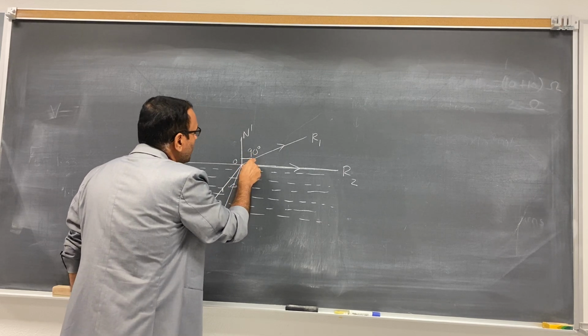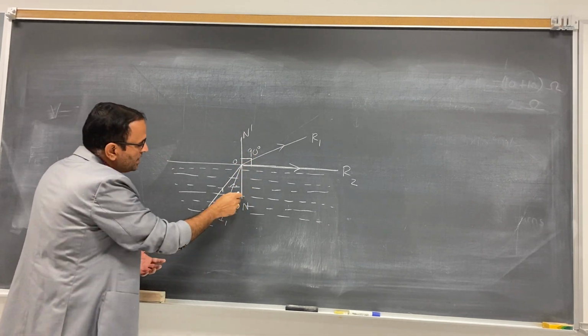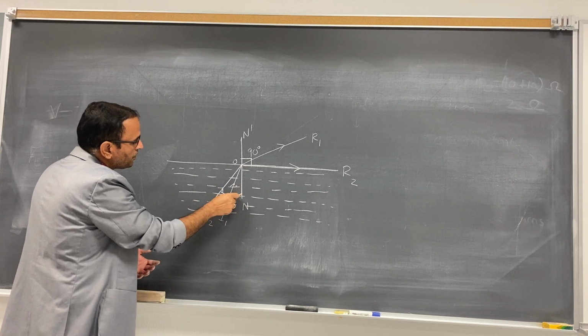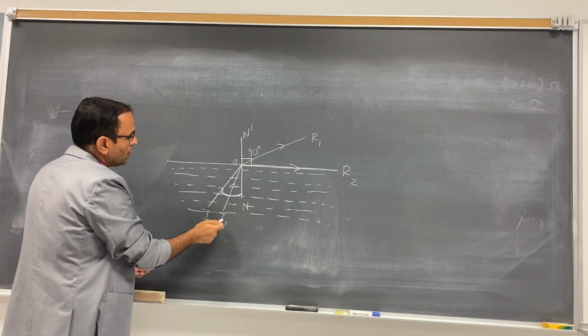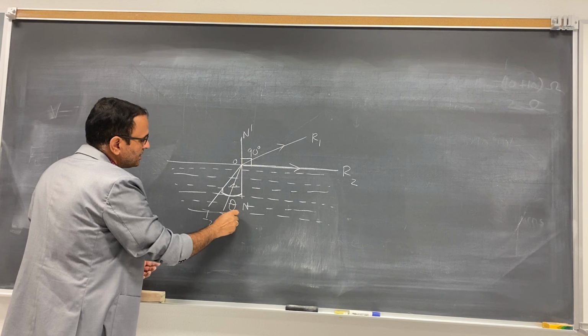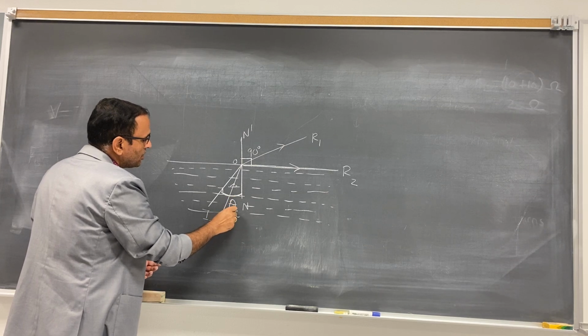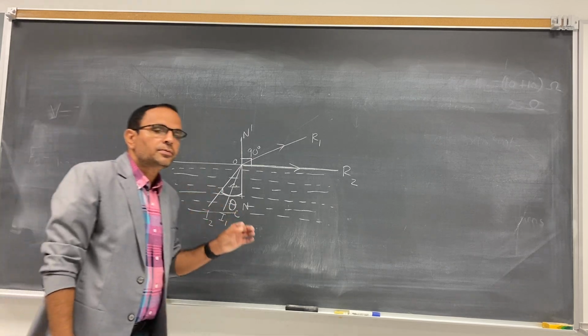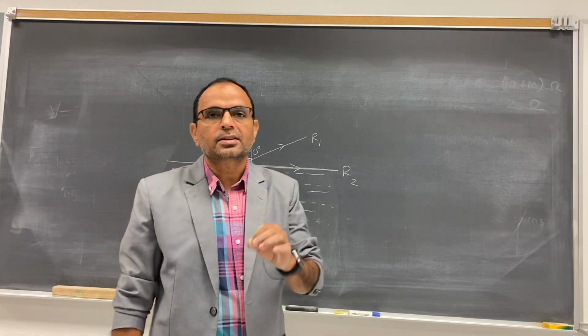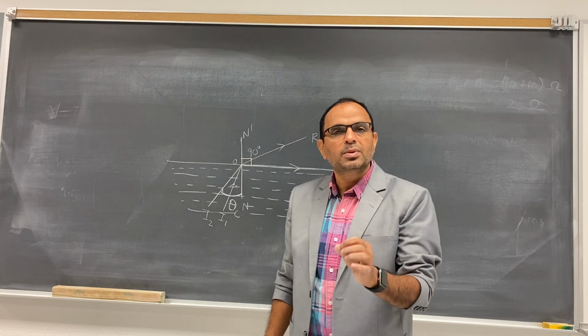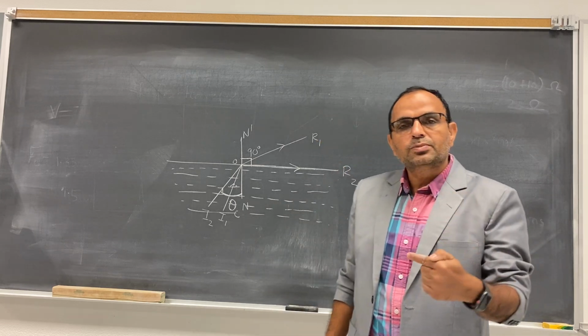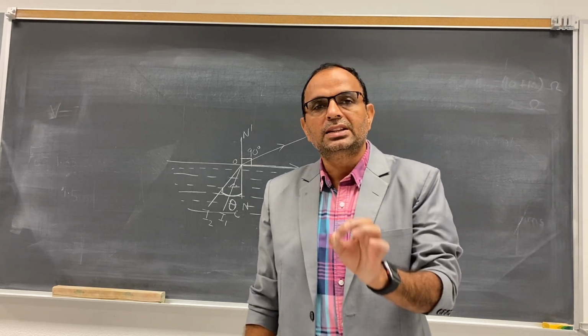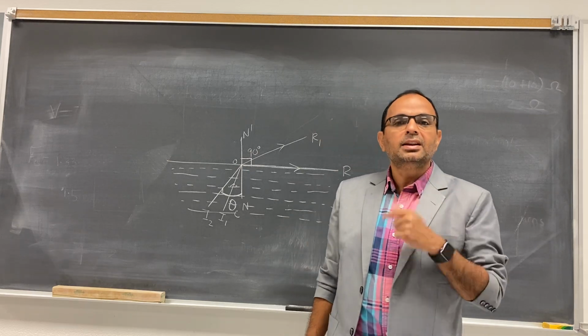If this angle is 90 degrees, the corresponding angle of incidence right here is called the critical angle theta C. So if the angle of refraction in optically thin medium is 90 degrees, then the corresponding angle of incidence in optically thick medium is called the critical angle.